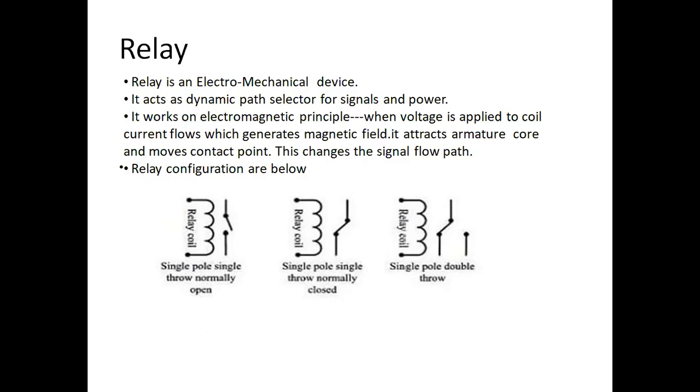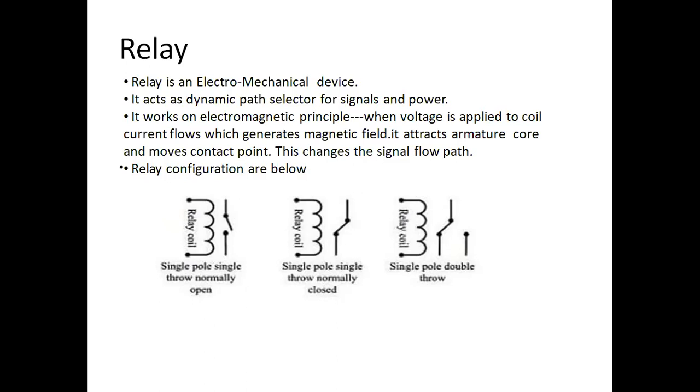For single pole, single throw, normally open, we'll have the circuit which is normally open and it becomes closed when the relay is energized. But for a normally closed relay, the circuit will normally be closed and it becomes open when the relay is energized.